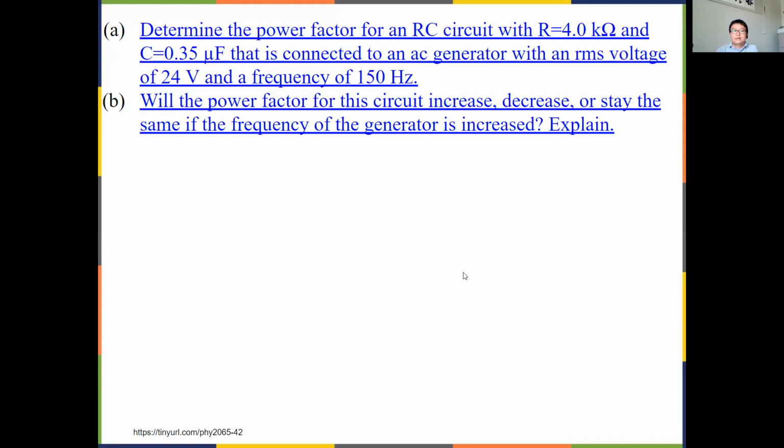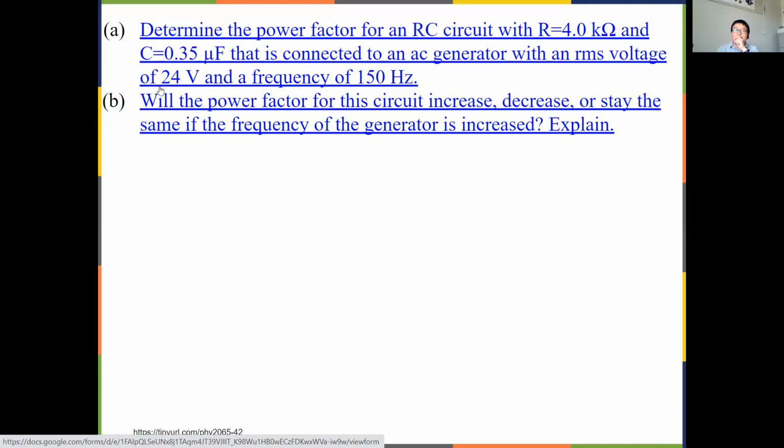So we'll take a look at one example here on an RC circuit, using the knowledge we just learned. It says determine the power factor for an RC circuit with R equal to 4.0 kilo ohms and C equal to 0.35 microfarad, connected to an AC generator with an RMS voltage of 24 volts and a frequency of 150 hertz. So you are looking for the power factor, the cosine phi, which is equal to R divided by Z. It gives you R already; you need to figure out Z here.